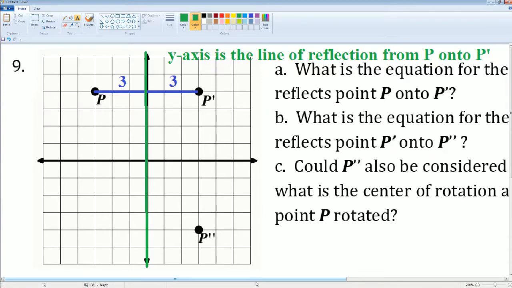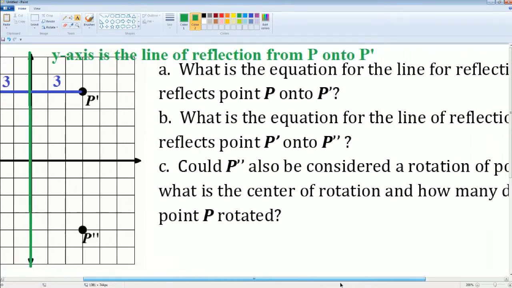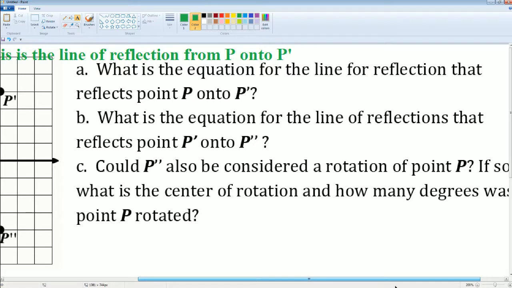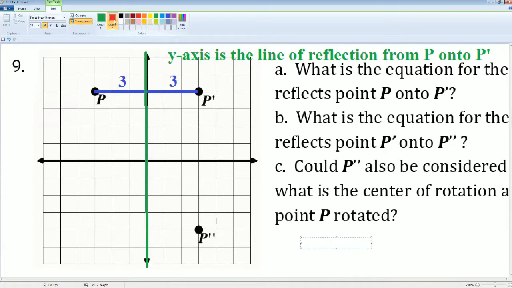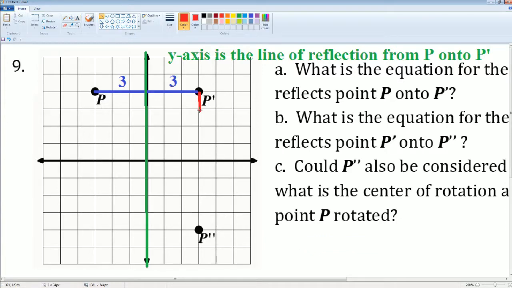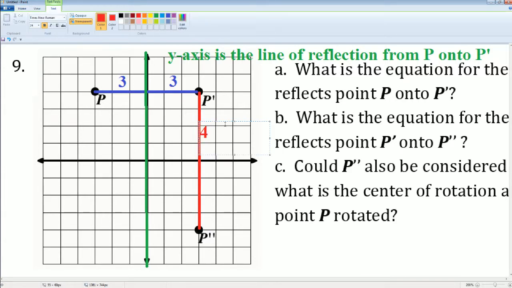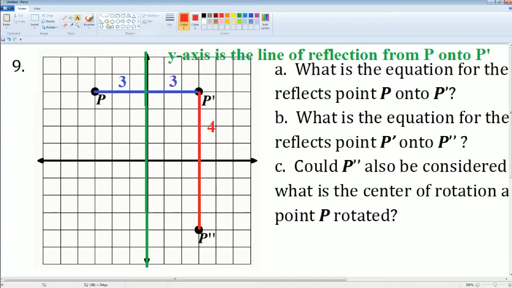Now it says, what is the equation for a line that reflects the point P prime to P double prime? Alright, so we want P prime to P double prime. Again, there's equidistance. Let's count: 1, 2, 3, 4, 5, 6, 7, 8. Cutting it in half, because that's what reflection is. We also call it a bisector.